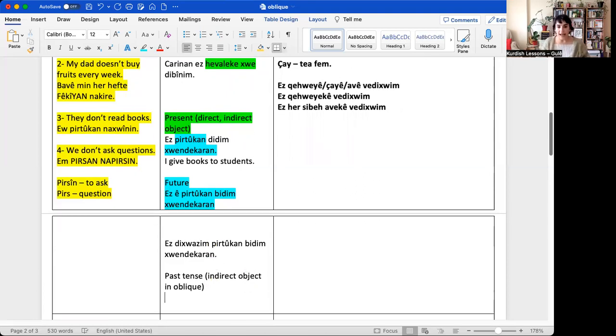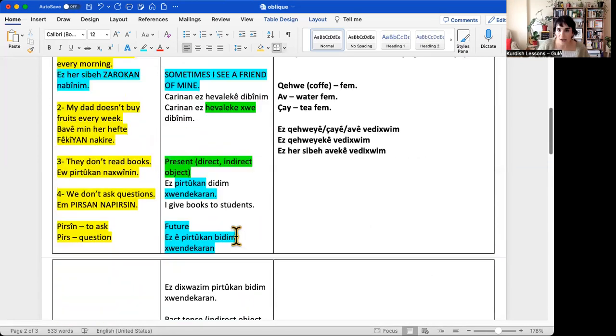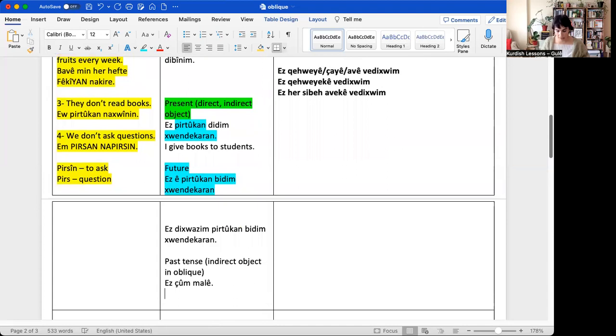So it means as chum male. Mal is a feminine word and it is an object, so you need to add a. As chum male, I went to the definite house. And if you say as chum maleke, I went to a house. I don't know which house it is, maybe mine, yours, his, hers, doesn't matter.